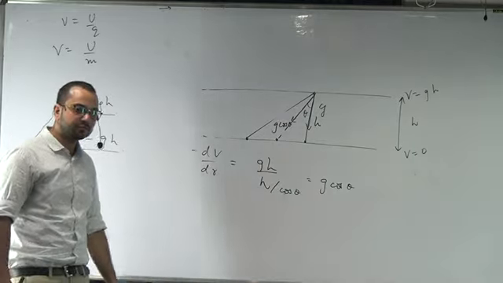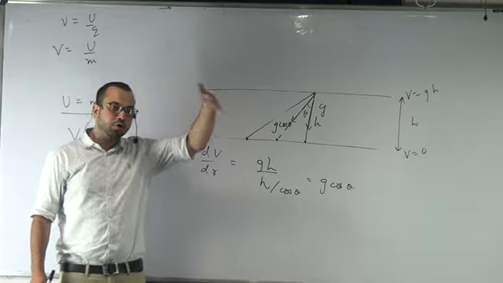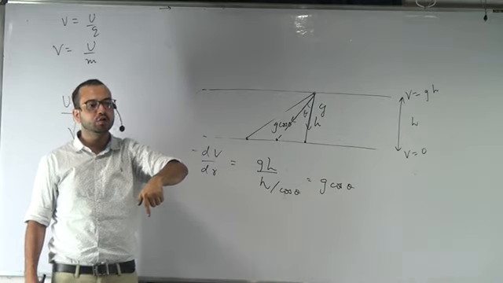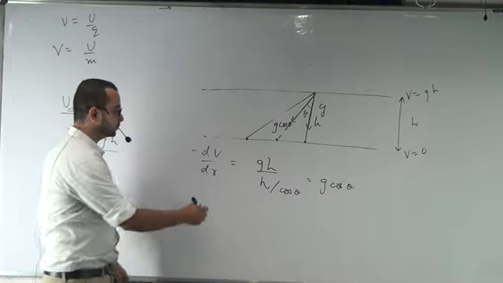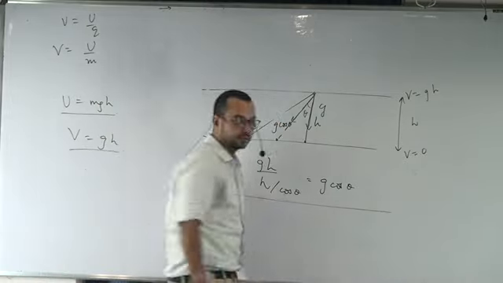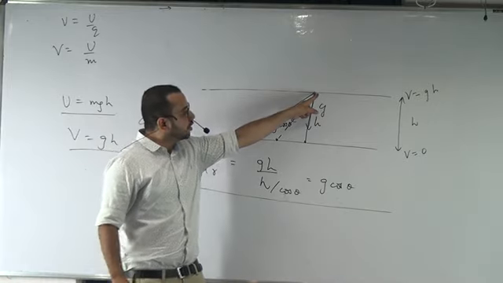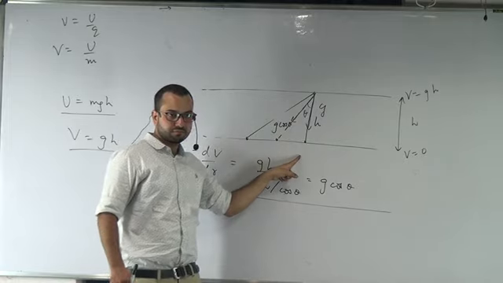Clear? Okay, now what do I need to find out? I'm going through various directions, but I want to find out in which direction I should go so that the rate of drop in potential is maximum. How would I find that out? The change in potential is the same from here to here, here to here.